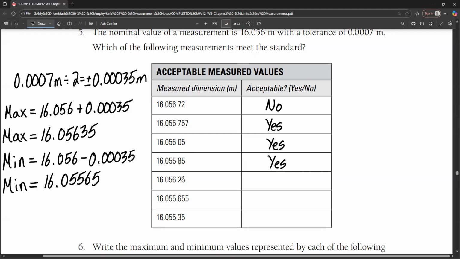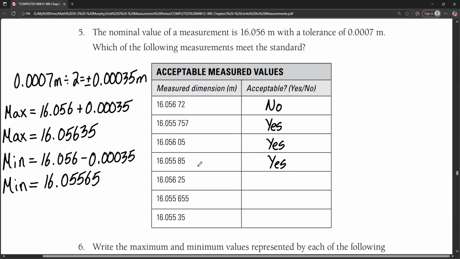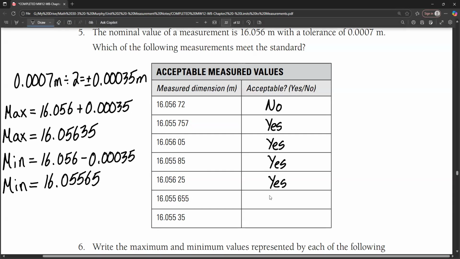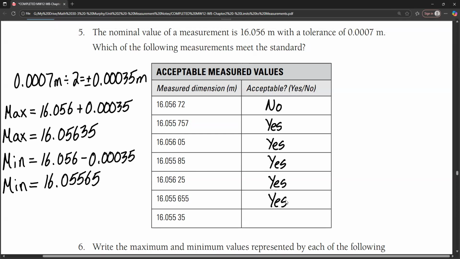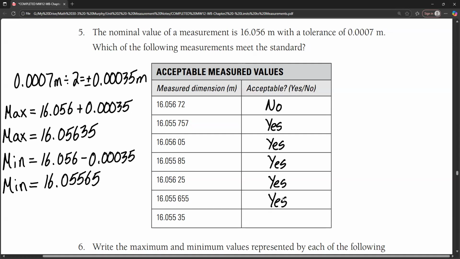The next one here, 5625, that is a yes. 16.055655, that'd be a yes. 0.5535, that would be a no. Too small.